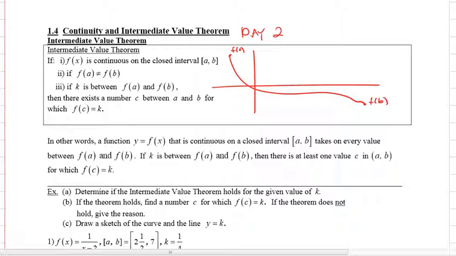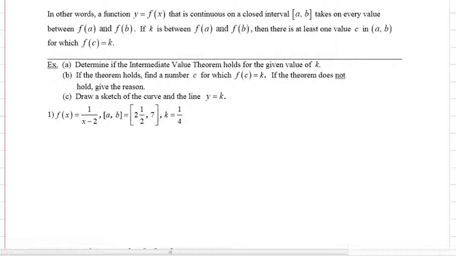And if k is in between f of a and f of b, notice in between these guys, then there must be a c in between a and b on the x such that f of c gives k. Okay?